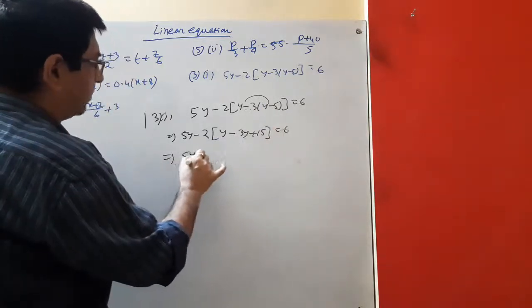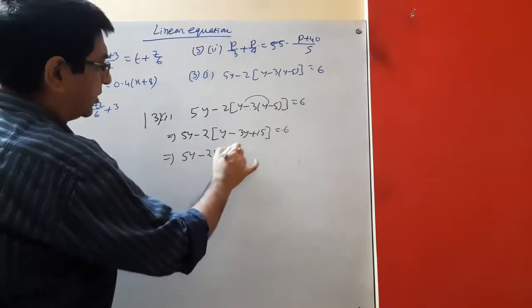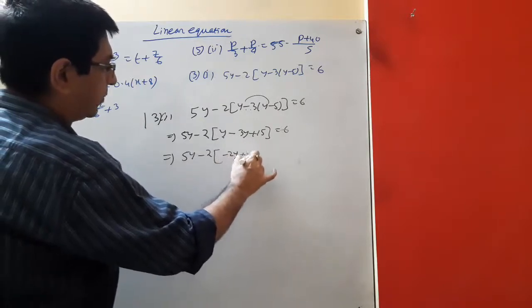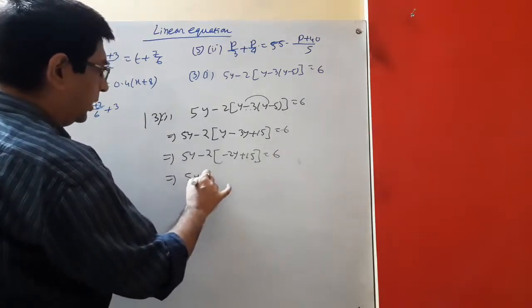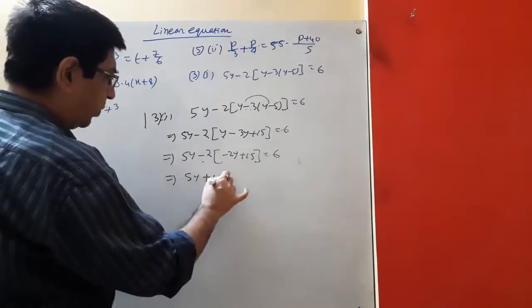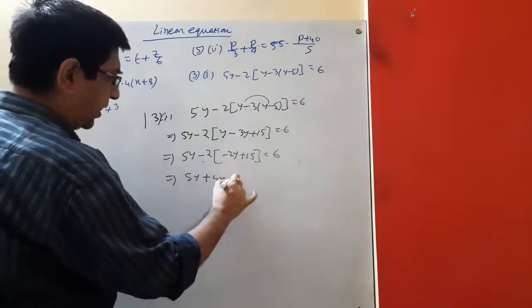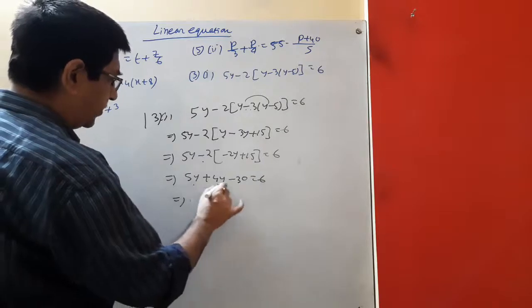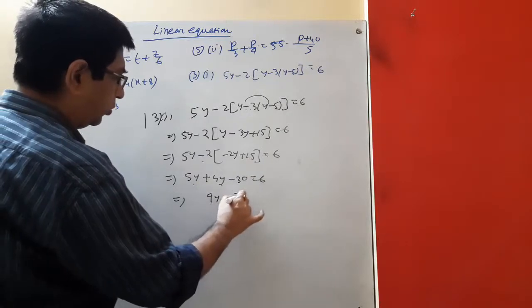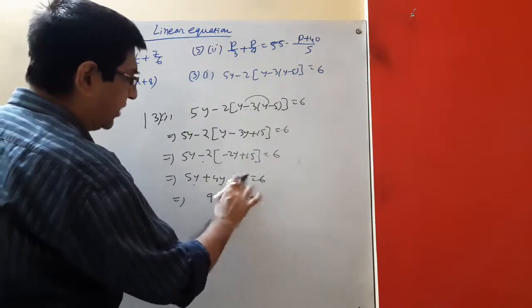Now 5y minus 2 (y minus 3y is minus 2y, plus 15) equal to 6. That means 5y minus 2 into minus 2y, that is plus 4y, right? And minus 2 into plus 15 is minus 30, equal to 6. That means 5 plus 4, 9y equal to 30 plus 6. Look, sides are changing.